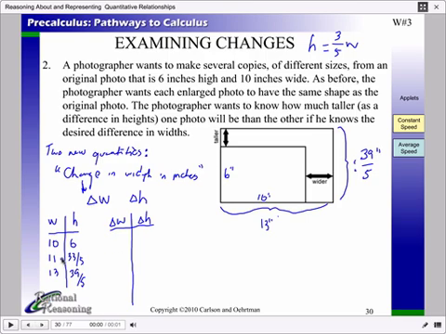Okay, one more. Let's do 15. So now let's go right to 15 inches. Let's keep it in fifths, so it'll be easier when we get to the changes. 45/5, right?